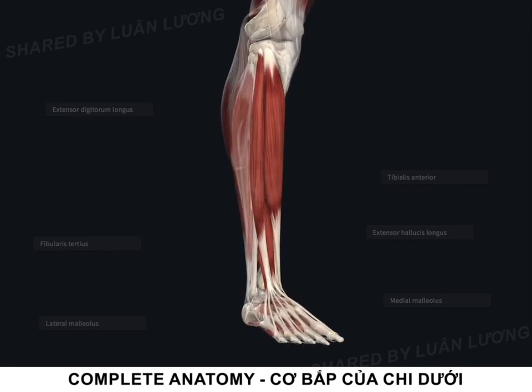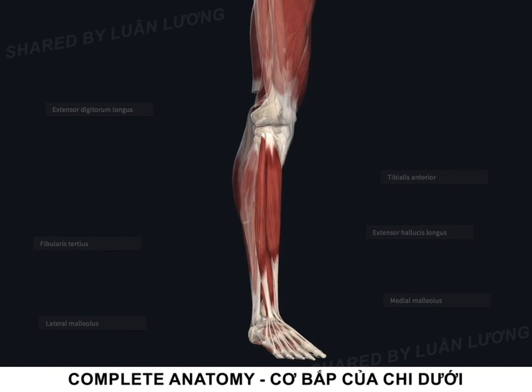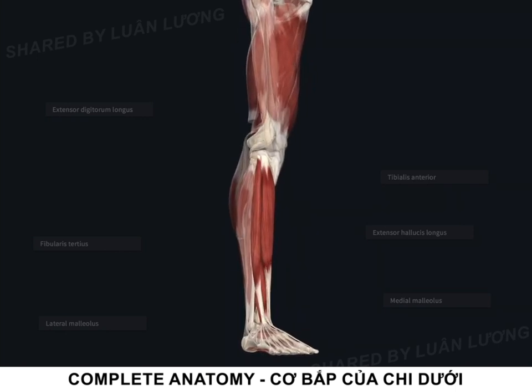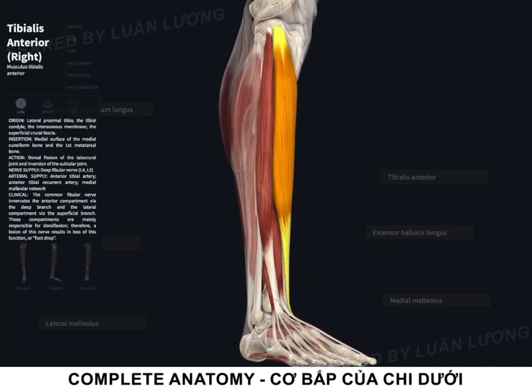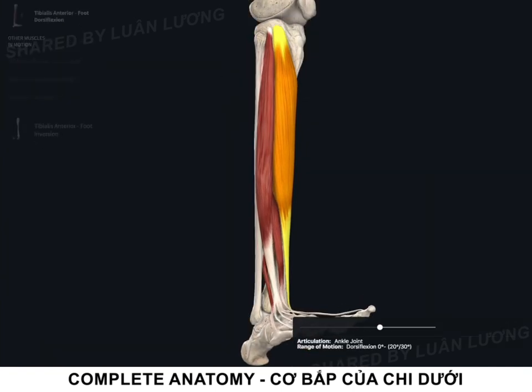Recall that the leg is the portion of our lower limb located between our knee and our ankle. So if I'm referring to the anterior muscles of the leg, it's within this region below my knee and not somewhere else up in my thigh. This group of muscles is going to perform a common action as a group, which is to elevate the top of my foot in an action known as dorsiflexion.